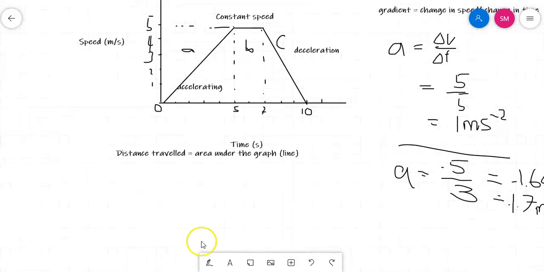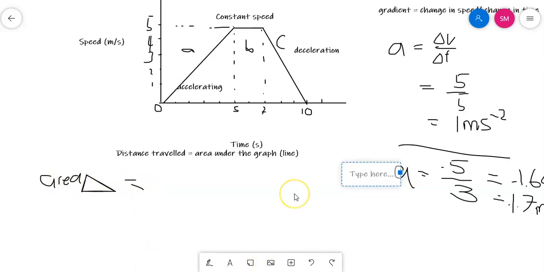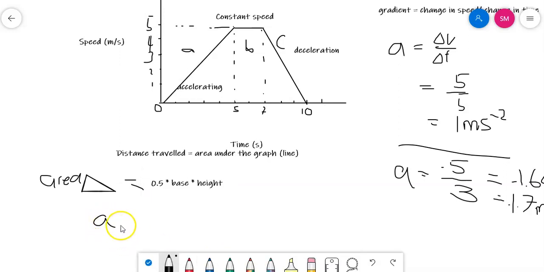Remember that the area of a triangle equals half base times height. So it's 0.5 times the base times the height. So in this case, we've got a triangle here. For A, we've got the base equals 5.